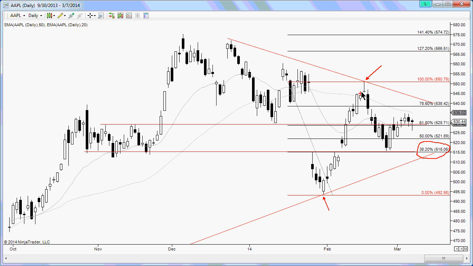Now, if we say it retraced back to the 38.2% level, in other words, you are talking about the percentage distance between this 0% and here, this is the 38.2% level. If you say you're retracing back to, then it's 38.2.